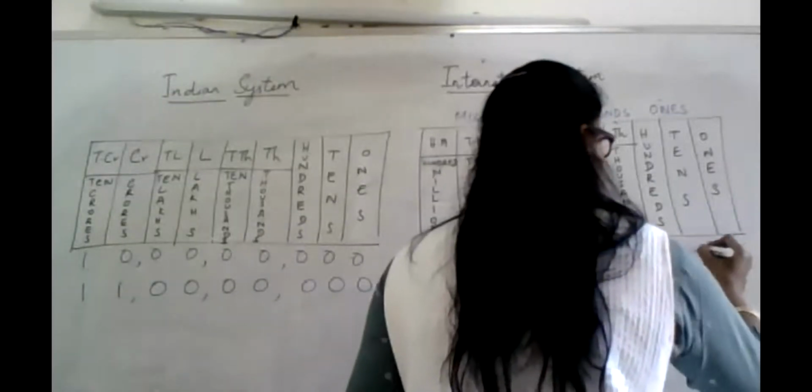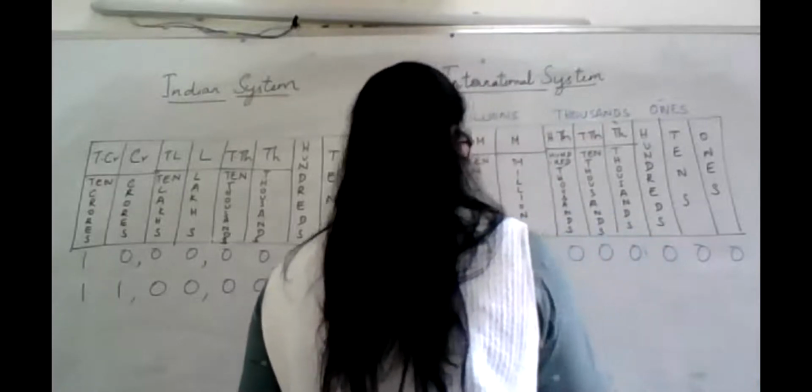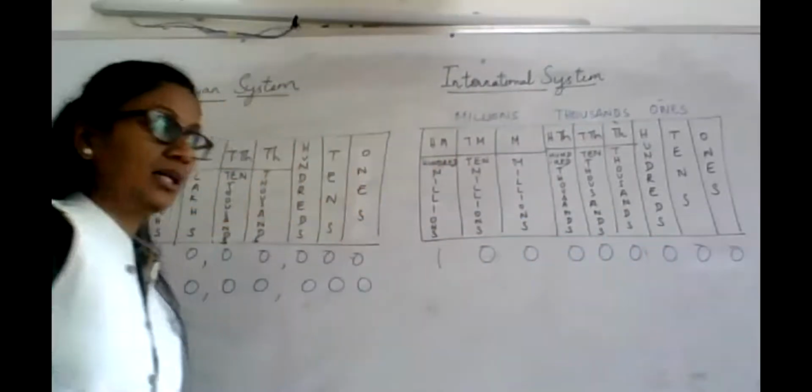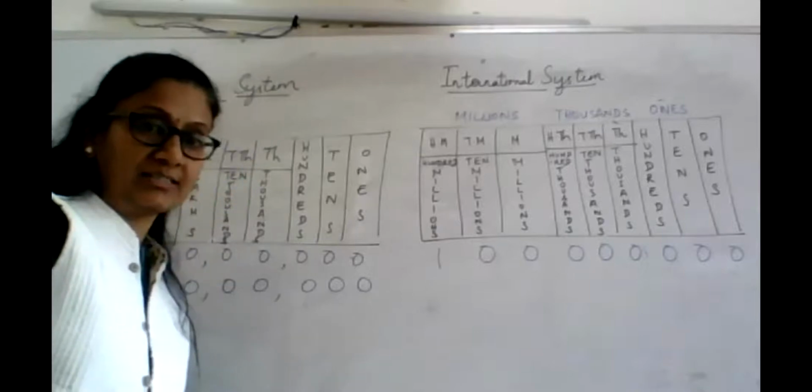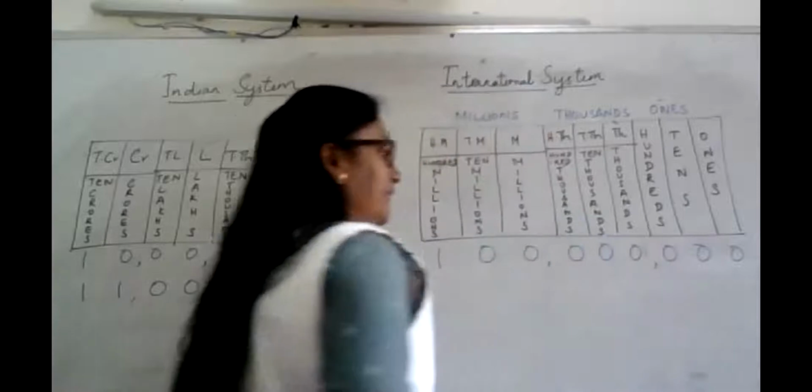So suppose I have this number like this. I have 0 in all other places except the 100 million. Now when you put the commas for the international system of naming numbers, you have to take it in threes, always in threes.